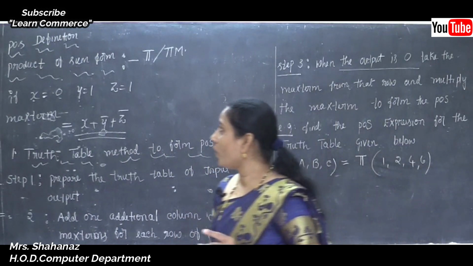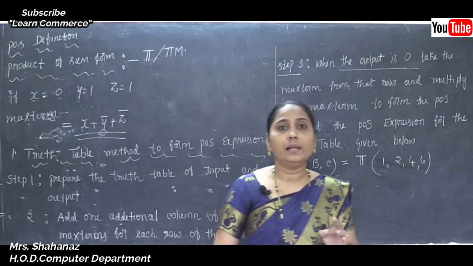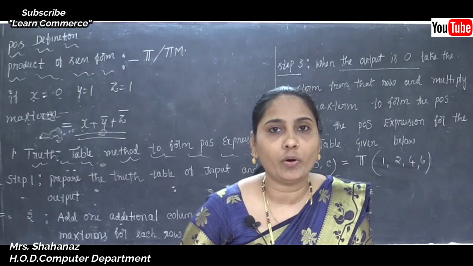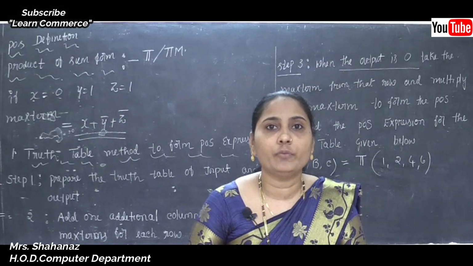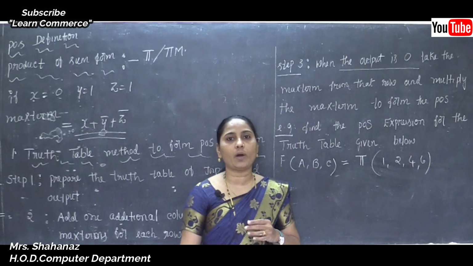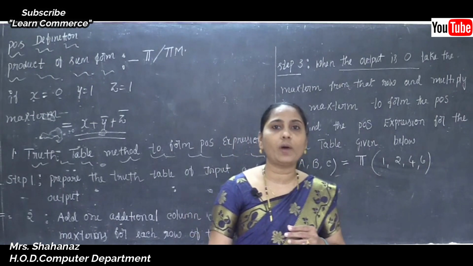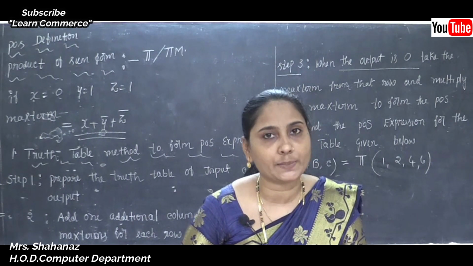Now first of all, before going to the example, let's see the definition of POS, product of sum form. We know example Boolean expressions: x plus complement y, z, x plus y plus z.